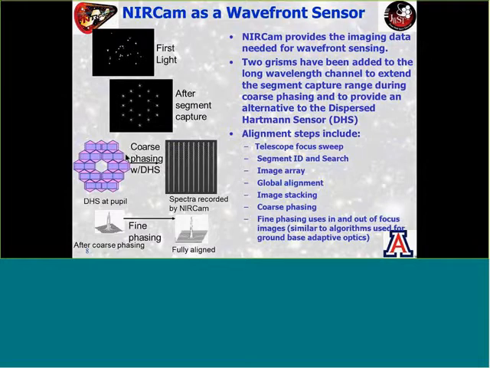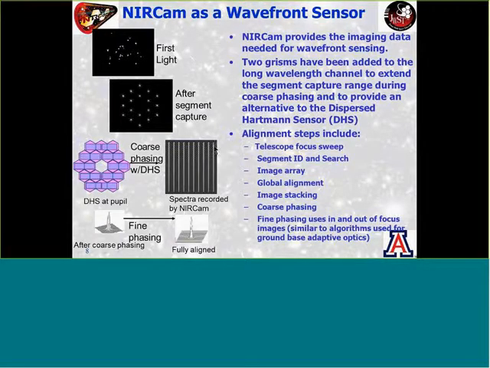We do this with something called the dispersed Hartmann sensor. So here in pink, you see the pupil of the telescope, and in purple, you see little rectangles, each one of which has a grism and a wedge, and when you take an image of a star, you'll get a total of 10 spectra, and there are two sets of these dispersed Hartmann sensors so that you get all 18 segments and overlaps, so you can think of it as something similar to radio telescope phase closure.